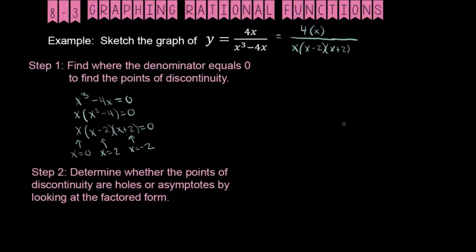So I see that we actually do have a common factor of x in both the numerator and the denominator, which tells me x equals 0 is going to be a hole. And we cannot find a common factor of x minus 2 or x plus 2 in the numerator, which tells me these 2 places are vertical asymptotes.